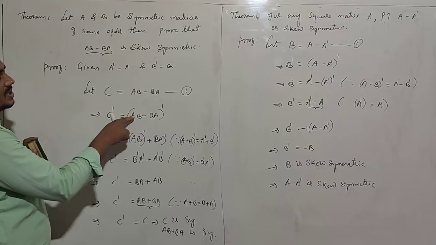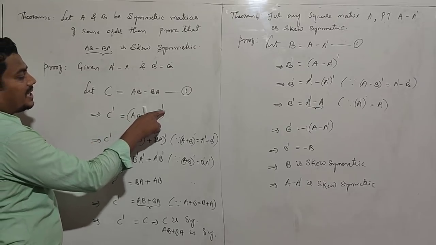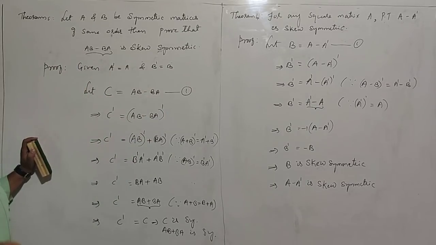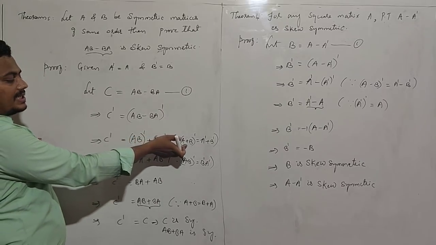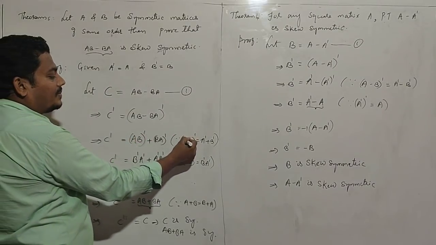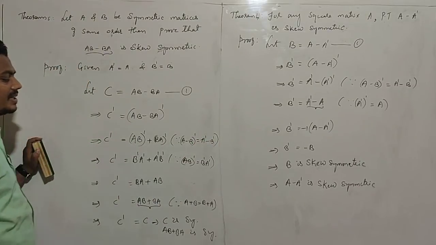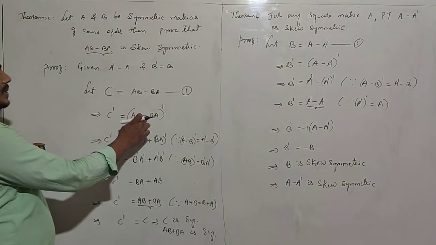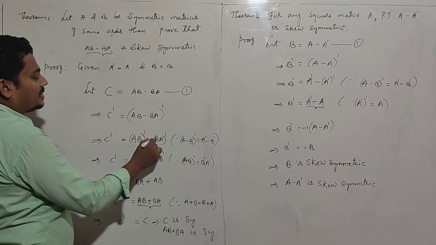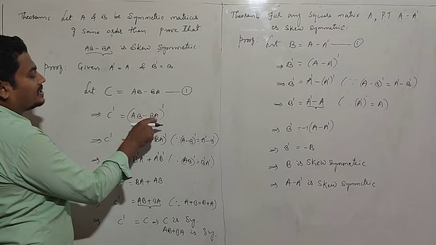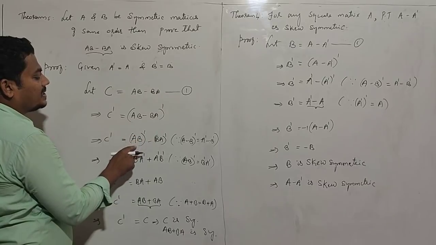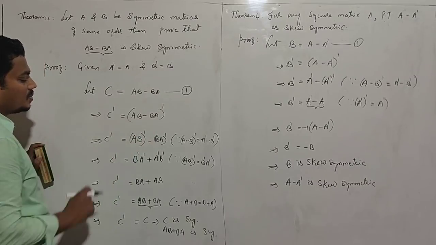then C transpose equal to AB minus BA whole transpose. After that, same property, instead of A plus B whole transpose, it will be A minus B whole transpose equal to A transpose minus B transpose. It is just like A minus B whole transpose, it is A transpose minus B transpose.